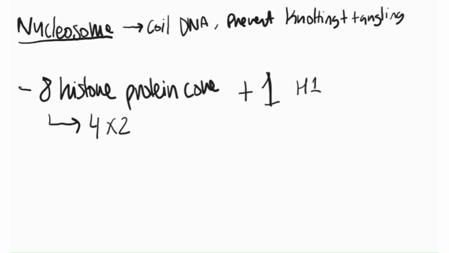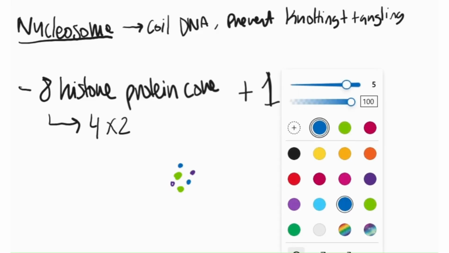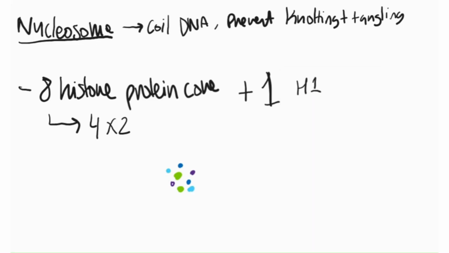So I'm going to try to draw this out for you guys right now. The DNA will come around, wrap itself around these, and come out. That long strand can be wrapped around these 8 histones and condensed, and then that H1 comes around and links it up so it doesn't unwind.